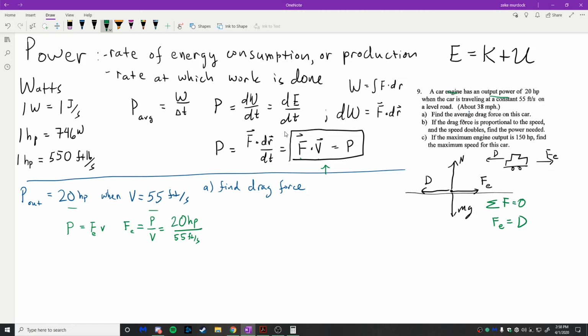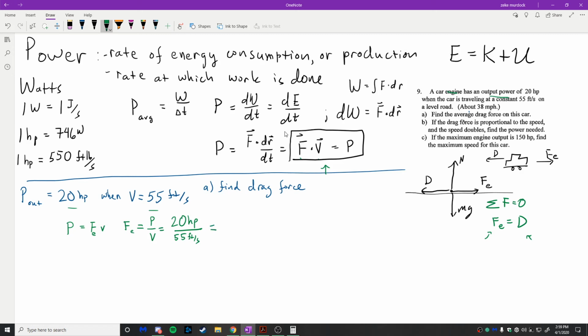You need to put pressure on the accelerator to keep the car going, assuming you're on a level road. If you're going downhill, maybe that's not the case, right? But your accelerator's on, so there's power coming from the engine, but the drag force is there to balance it, and that's how you end up moving at a constant speed. If you want to speed up, go faster than 55, you need to increase your engine output power, but that's also going to increase the drag too.